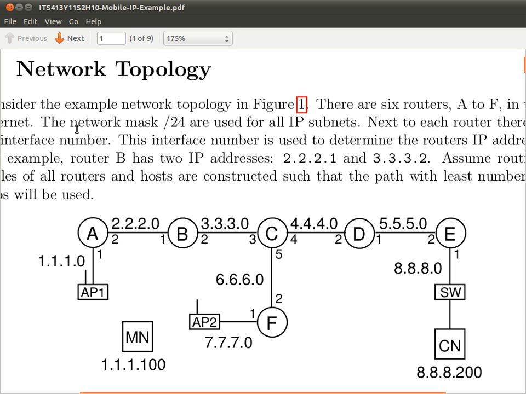What should the mobile node tell the foreign agent in that request? I'll draw the structure of the packet. That's an IP header.